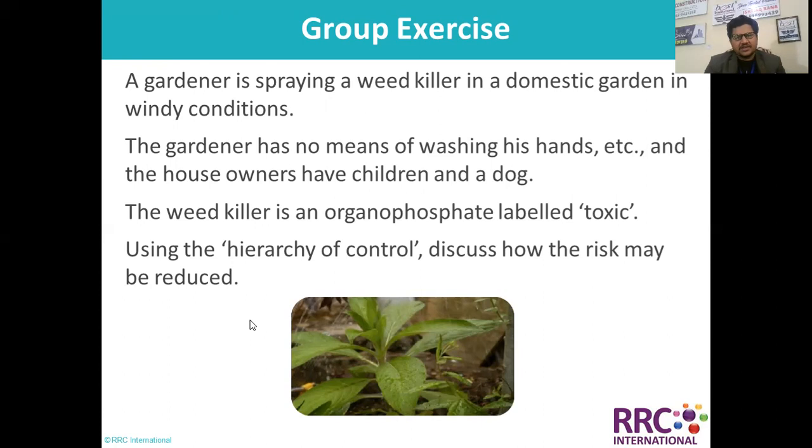So you are the safety leader and you are the project leader even for that particular project. What would be your best strategy? How are you going to implement the hierarchy of control, so you can reduce the risk? Yes, please. Any one of you.